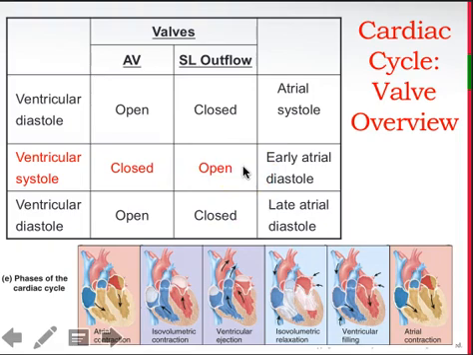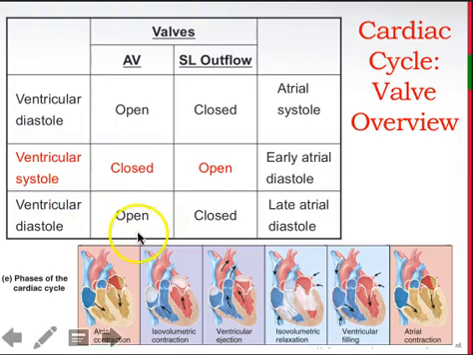There is a point in time where we have a minor shift, where we have ventricular diastole, so the ventricles are relaxed, and a very late atrial diastole, whereby both the atria and the ventricles are in a relaxed state.